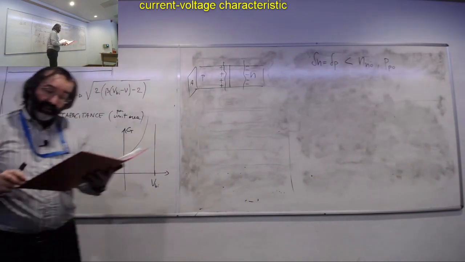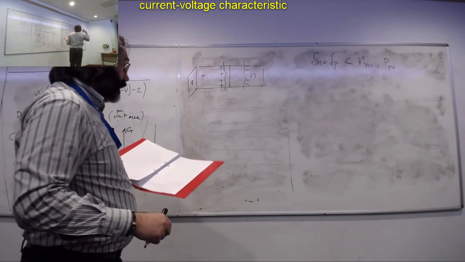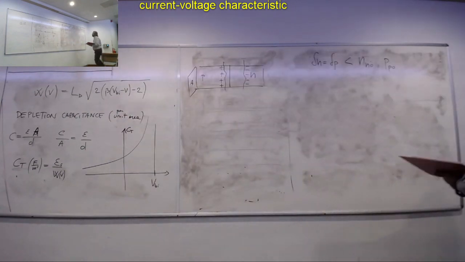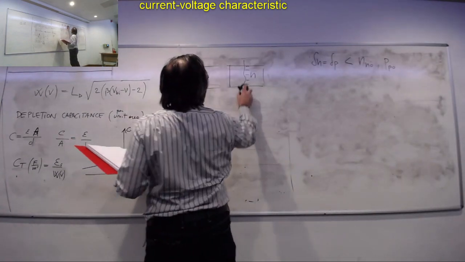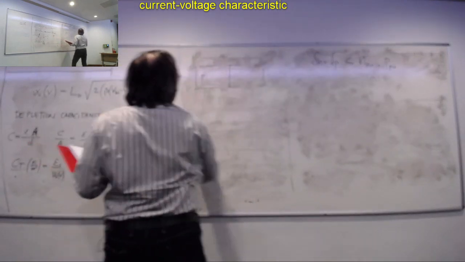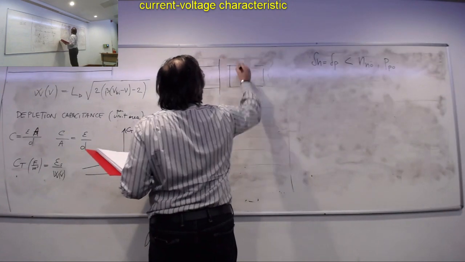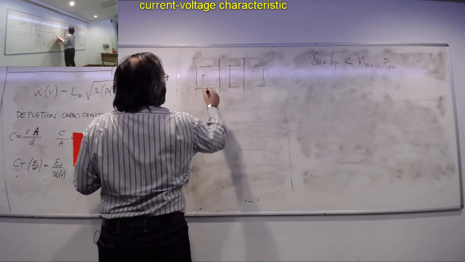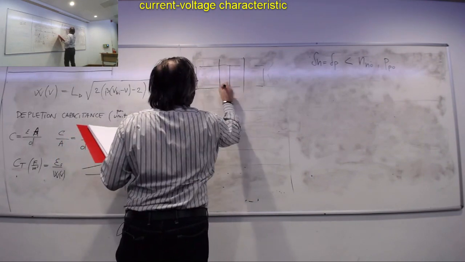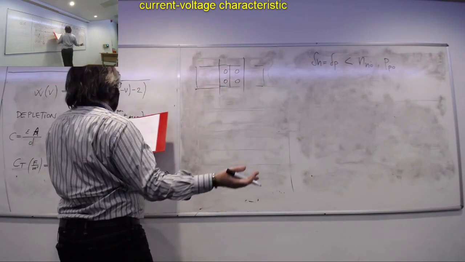Non-degenerate semiconductors. Under these 4 assumptions, what we have in mind is this, I will modify this diagram a little bit. Actually, I don't need to make it 3D. Within the depletion region, I have zero carrier densities, zero free carriers.